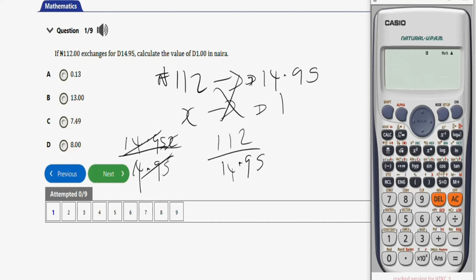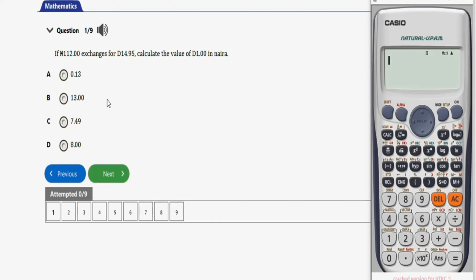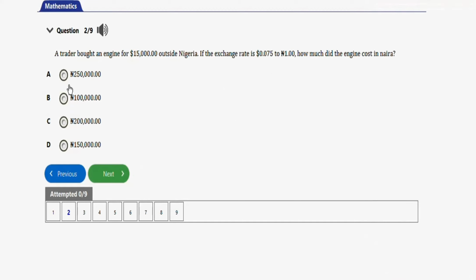Let's wipe this now and solve the next repeated question. It says a trader bought an engine for $15,000 outside Nigeria. If the exchange rate is 0.075 cents to 1 naira, how much did the engine cost in naira? This question is also very simple, the same procedure.